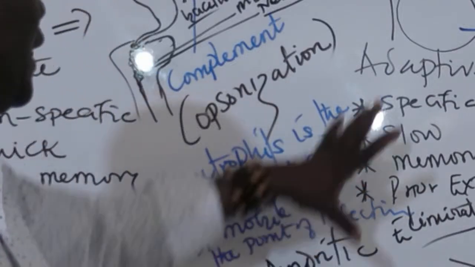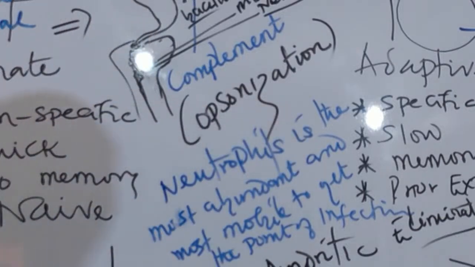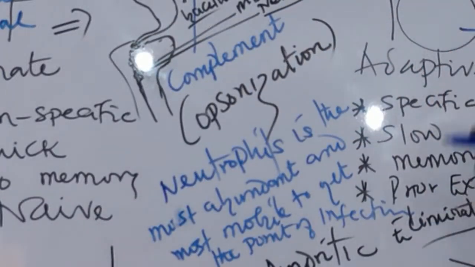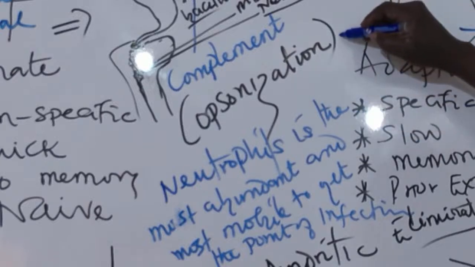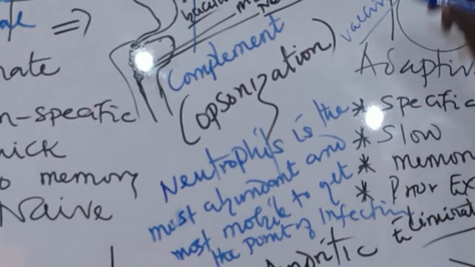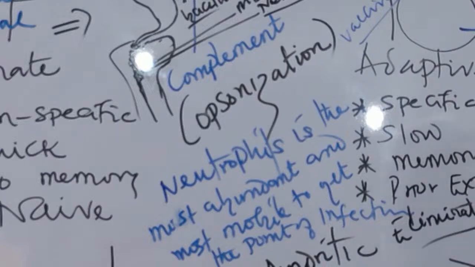Don't forget that today I said it's just going to be a kind of review of what we have done so far. At a point in time, I told us about vaccine production. For us to produce a vaccine, you need to understand the immune system of the host.